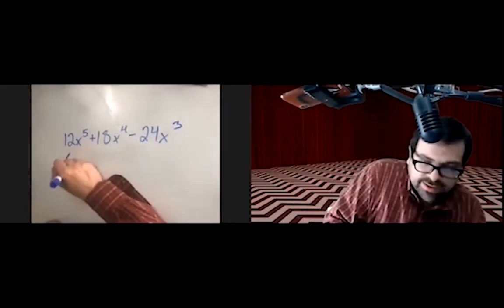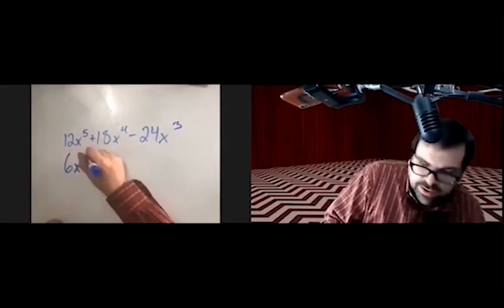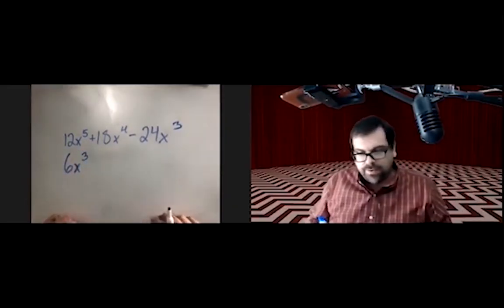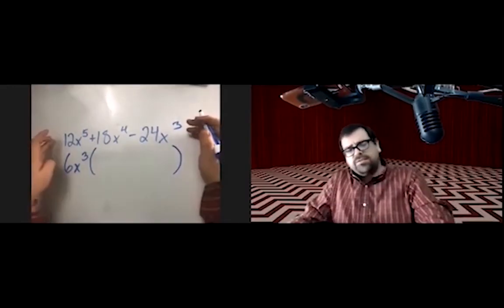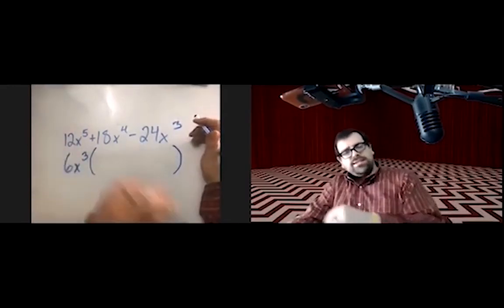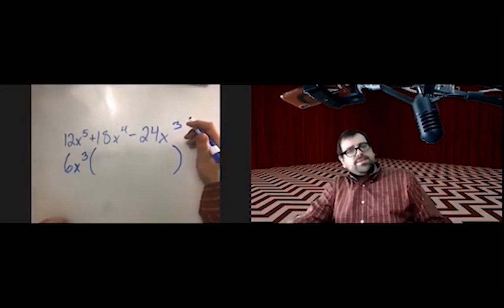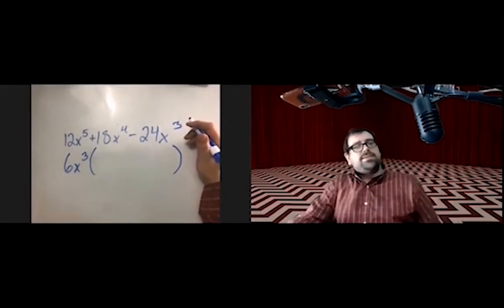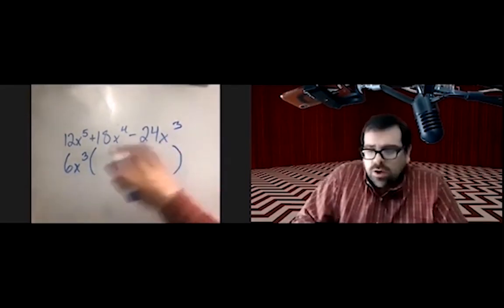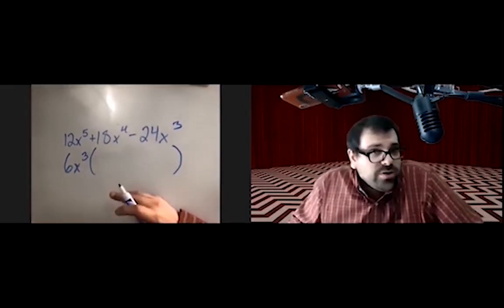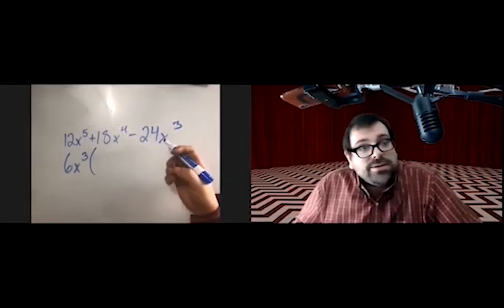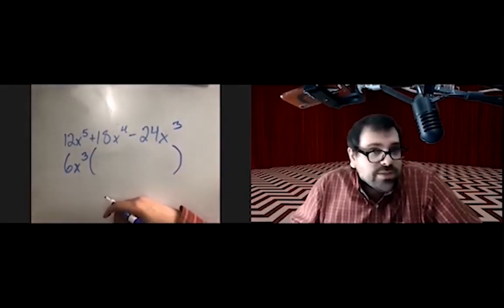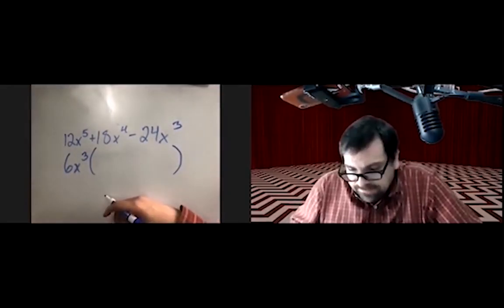It was 6x cubed. By the way, the other way of finding the GCF of 12, 18, and 24 is make the lists. Find that 6 is the biggest number in all three lists. When the numbers are relatively small, you can do it that way, but as we start dealing with larger numbers, it's going to become easier just to do the prime factorization method every time.